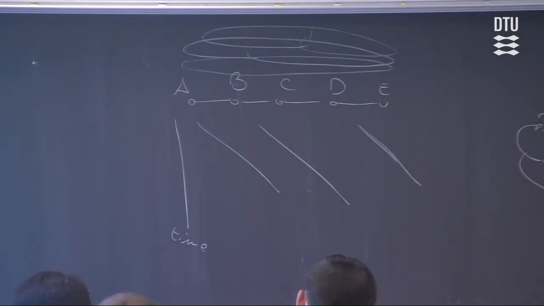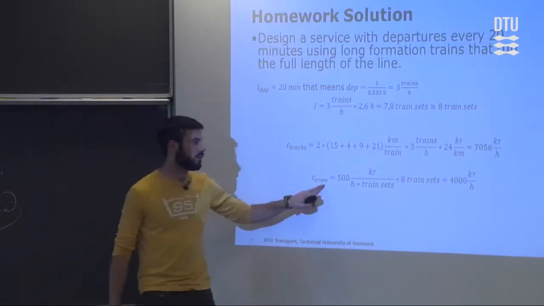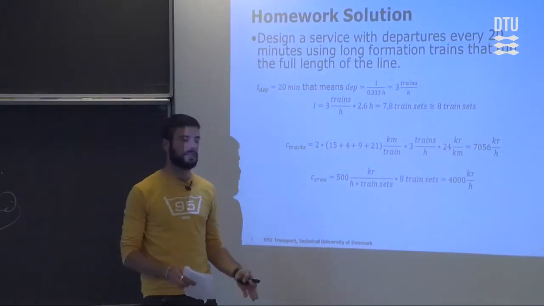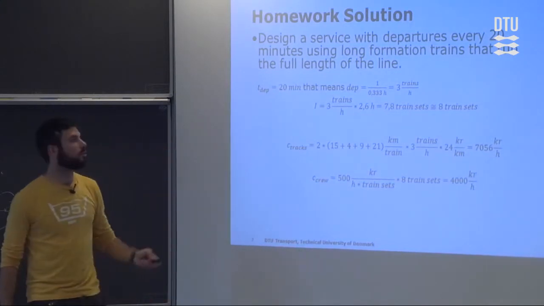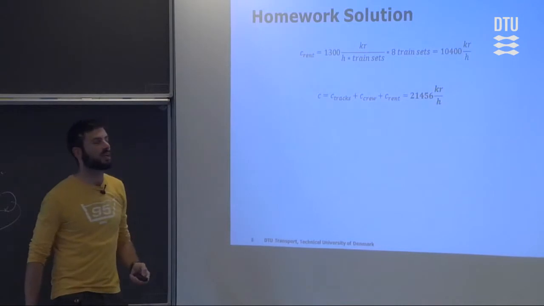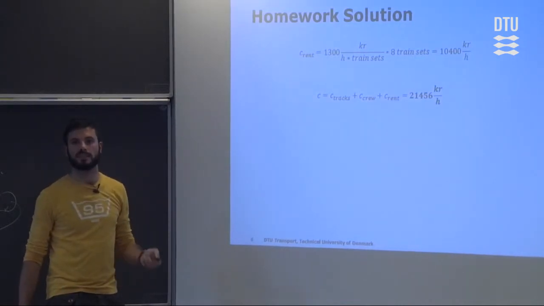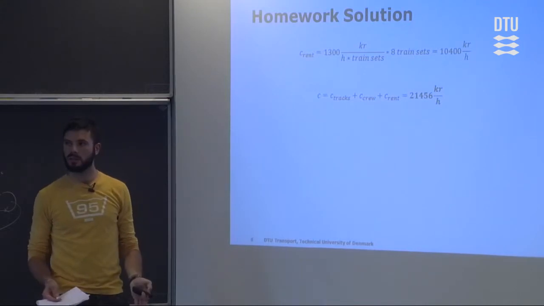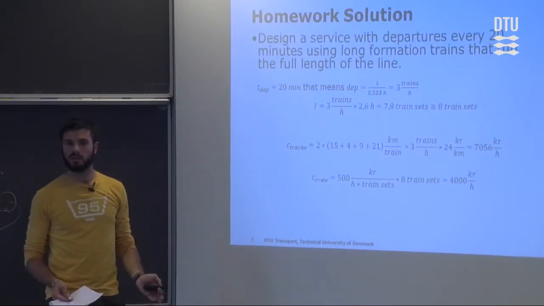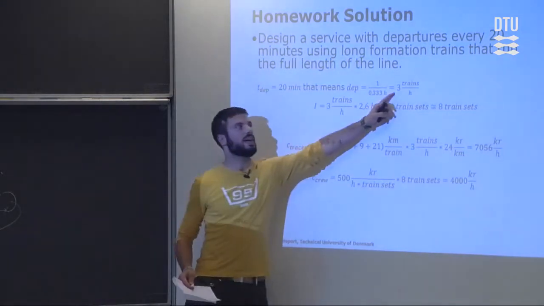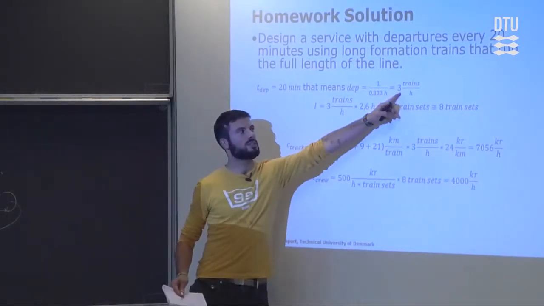Then the other ones are quite easier, because the crew depends on the train set. Every train set needs a crew, and every train set is going to be rented. So how many train sets are we running simultaneously? Is it the train sets or the services? We are running 1 service every 20 minutes, 3 services an hour.